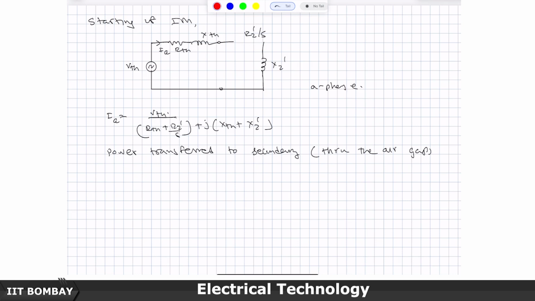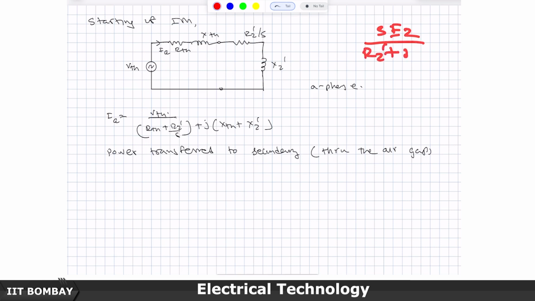So, the actual resistance is what? Actual resistance is only R2, but in the equivalent circuit, the resistance is shown as R2 dash by S, and if you remember, actually this came from SE2 divided by R2 dash.